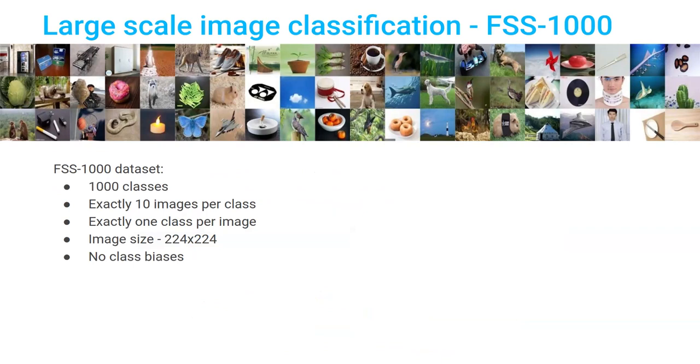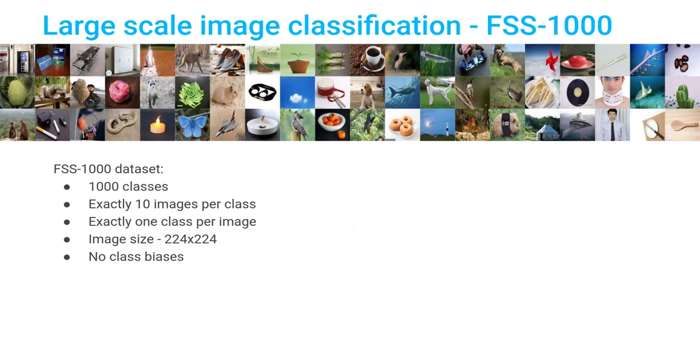Our work was focused not on large-scale datasets like ImageNet or OpenImages, large-scale in terms of the available number of images, but the number of classes is still the same as in ImageNet. We used the FSS-1000 dataset.